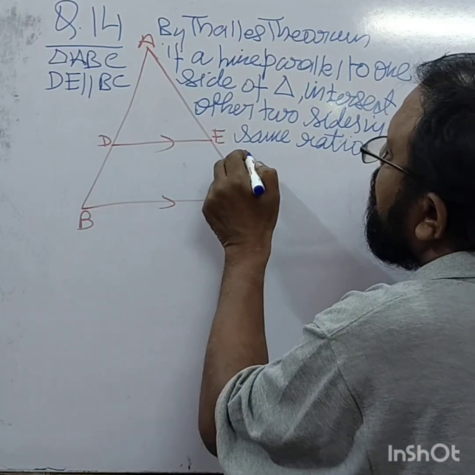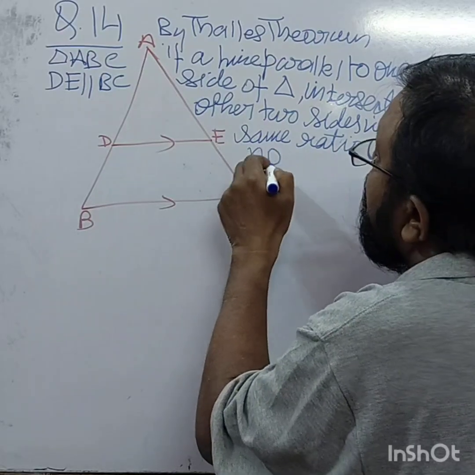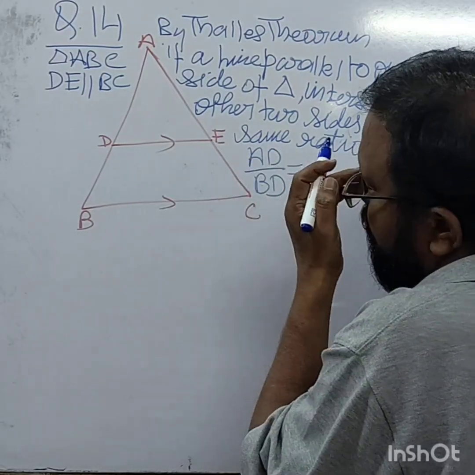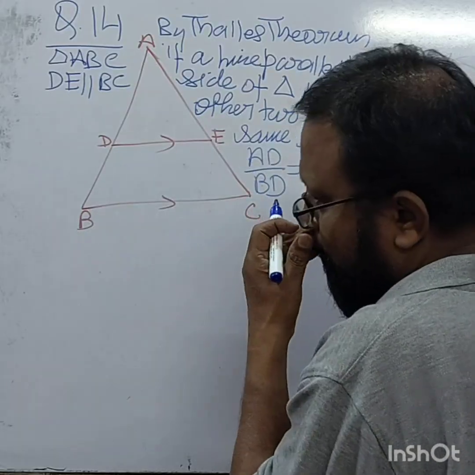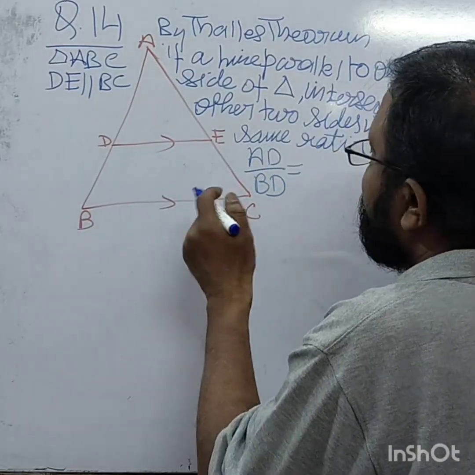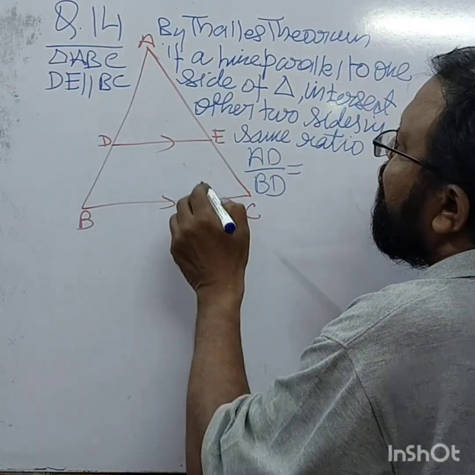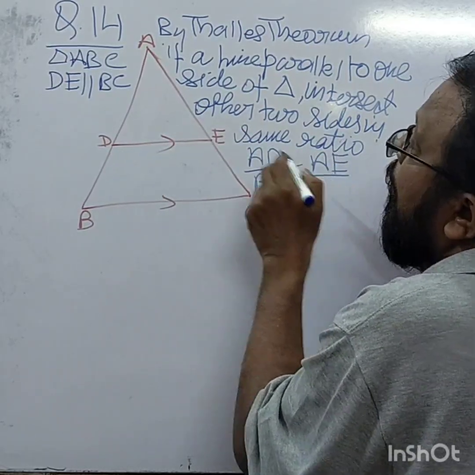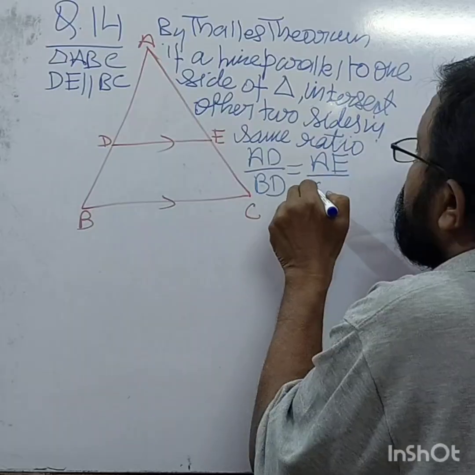So AB upon BD is equal to what? AE upon CE.